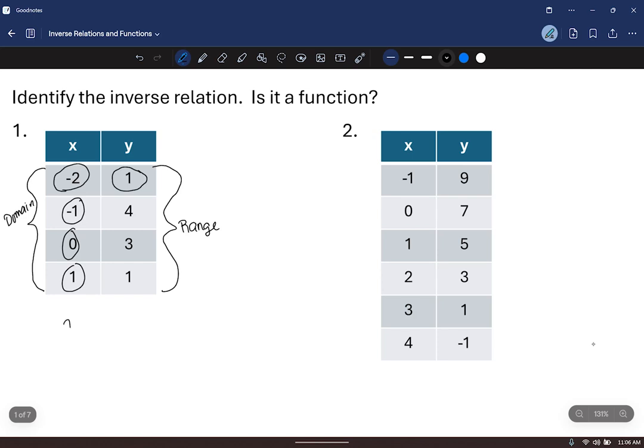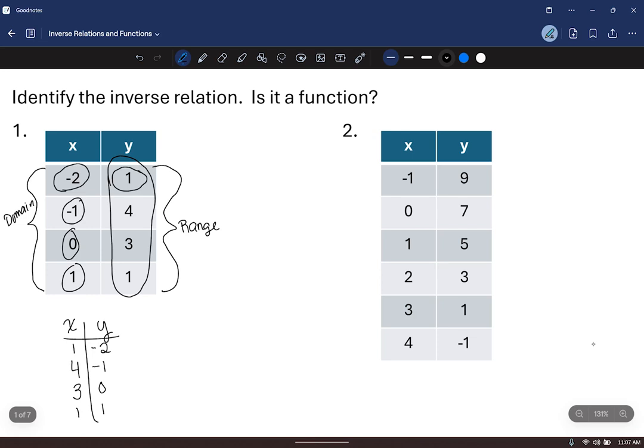But when you do an inverse, all that happens is your x's become your y's and your y's become your x's. So if my y's are originally 1, 4, 3, 1, now my x's are 1, 4, 3, 1. And if my x's were originally -2, -1, 0, 1, my y's are now -2, -1, 0, and 1.